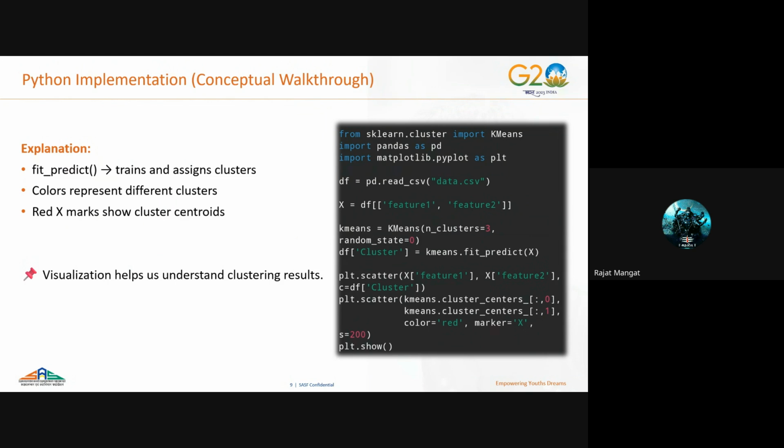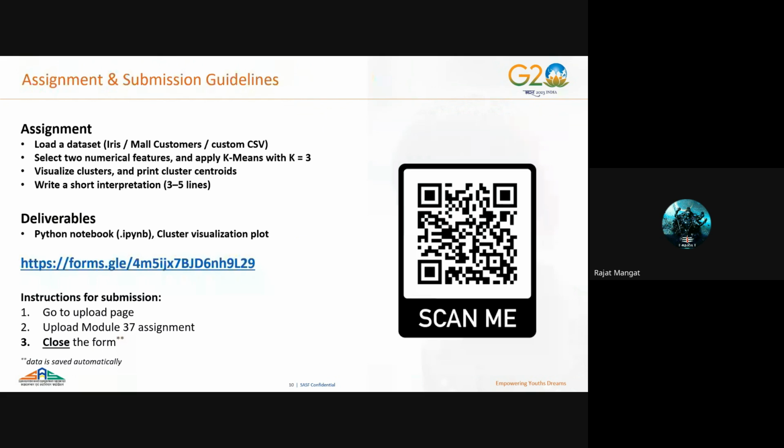So we have seen the Python implementation. I have shown you that in the example in VS Code. This is the same kind of example. You can refer to it for your own understanding. So for the assignment, you have to load a data set. Either you can load the iris data set or any other custom csv or mall customers data. Select two numerical features as we have selected in our live example in VS Code.